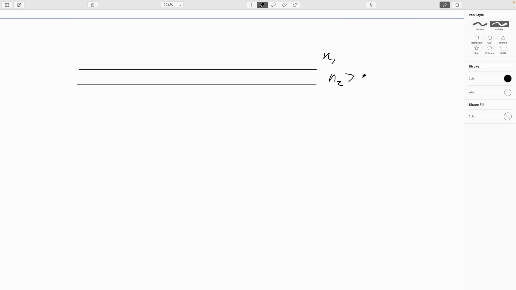We'll say that this is a greater index than N1. And we'll say that this material here, index N3, is greater than N2. So this could be air, for instance. This could be glass. And this could be a very carefully chosen metallic coating, some sort of metallic oxide, or something like that. I'll just say coating.